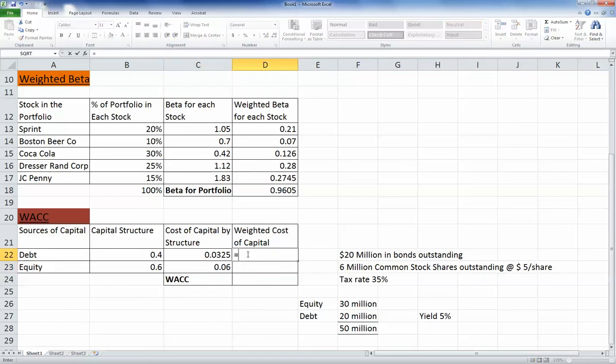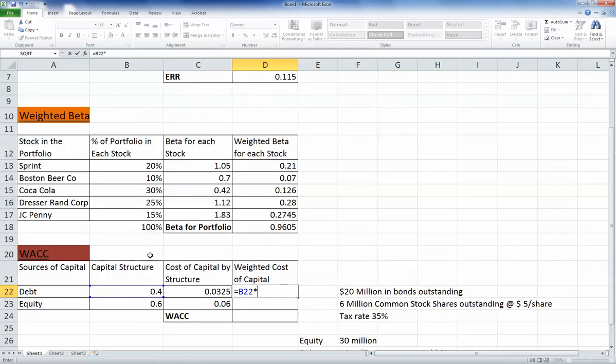Final thing we have to do is compute the weighted cost of capital, and all we're going to do for that is multiply the capital structure by the cost of capital for debt, and we're going to get a little over 1%. And then for equity, we're going to do the same process. We're just going to multiply the capital structure percentage by the cost of capital.